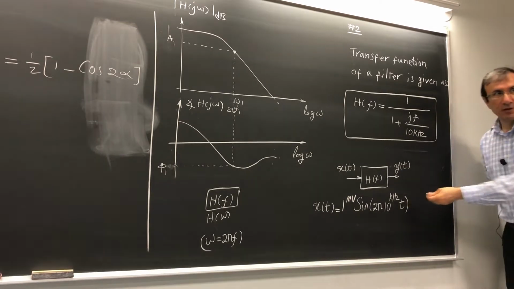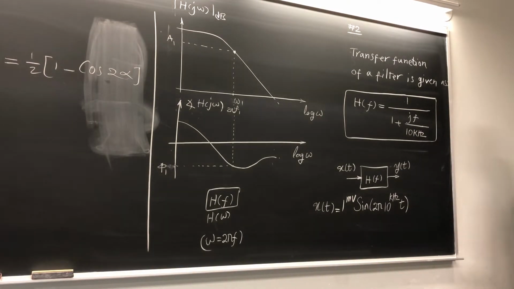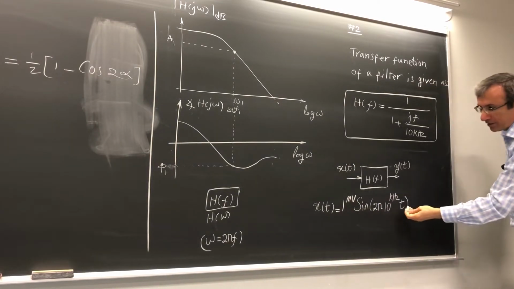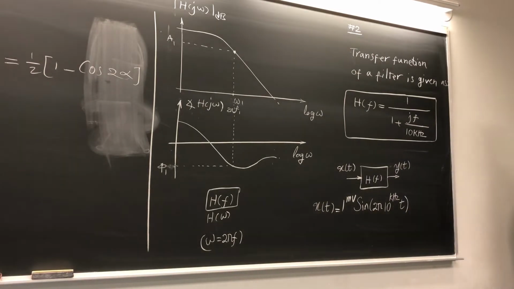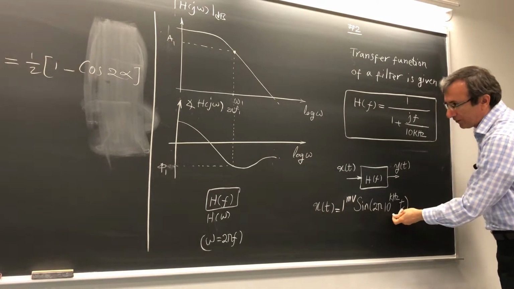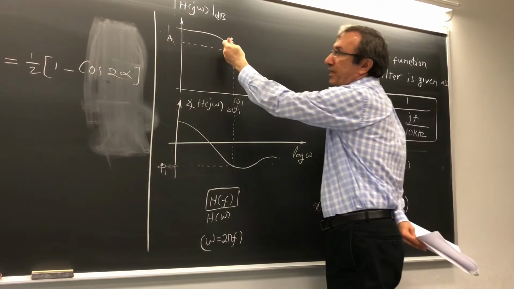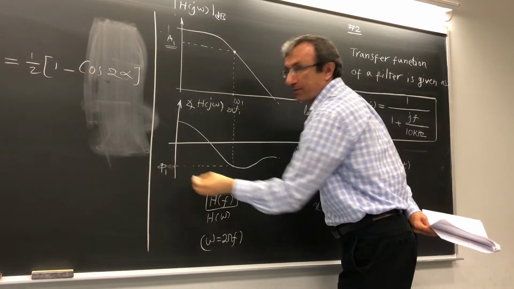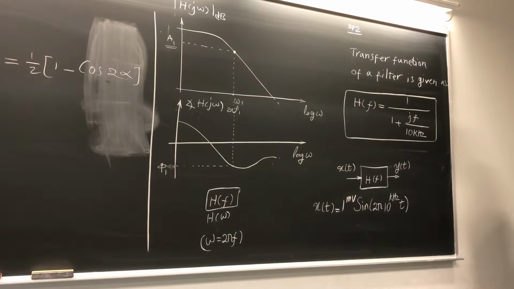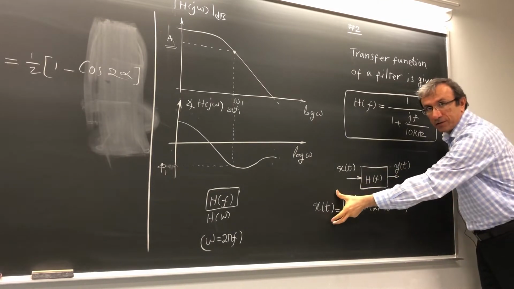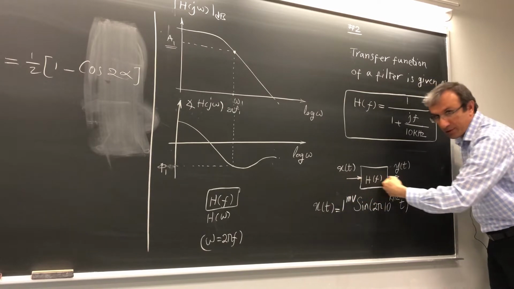This is part B of the same question. Exactly at the frequency of the signal, the transfer function exhibits a certain magnitude and a certain phase. These are the two effects of the transfer function on the signal when it goes through the system.